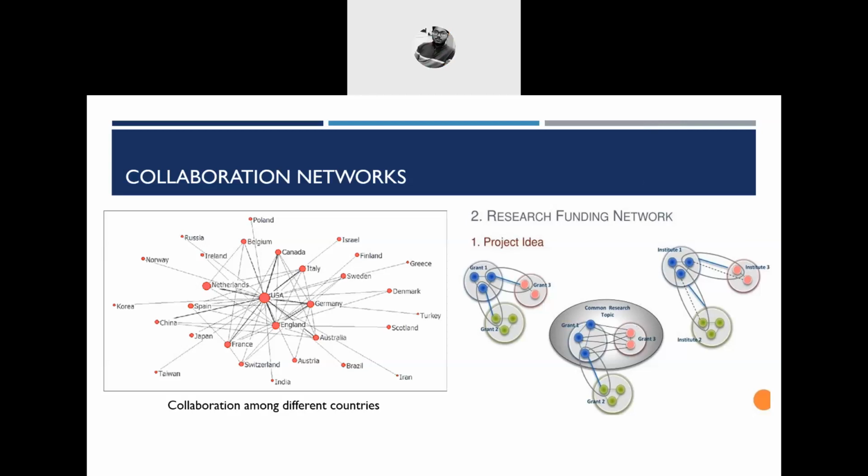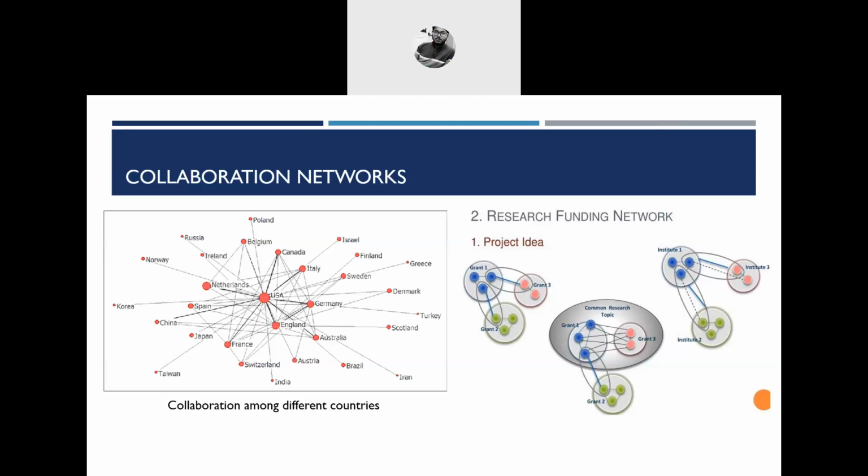So collaboration networks are networks which are used to study how different kinds of people, different kinds of entities collaborate with each other. There can be collaboration among different countries, how different countries collaborate in terms of military, and in terms of trade. Those kinds of collaboration can be studied with the help of collaboration networks.